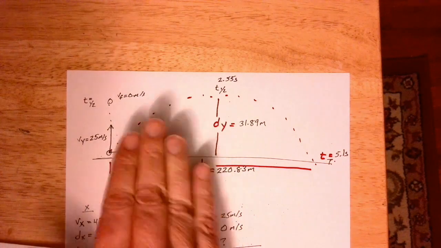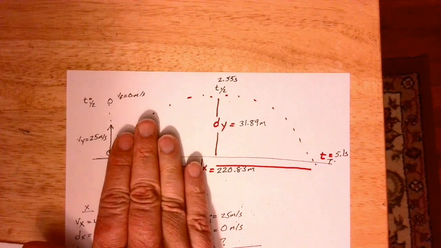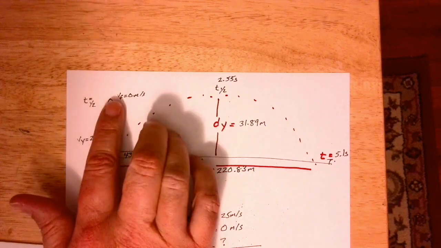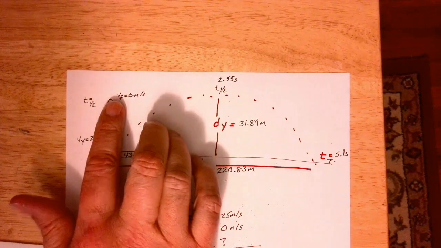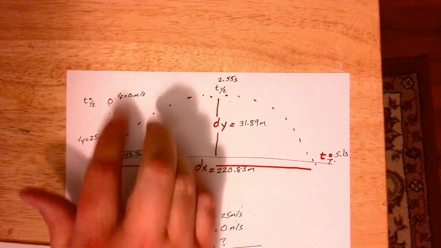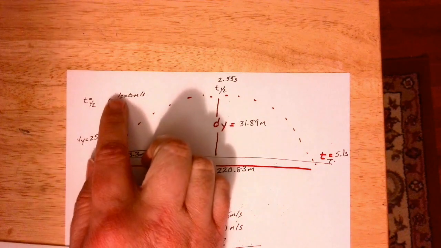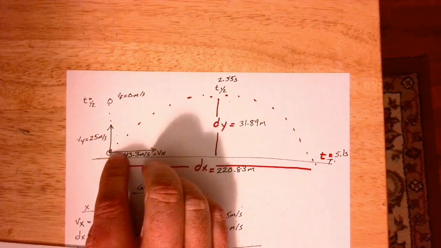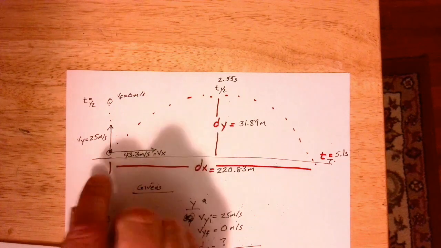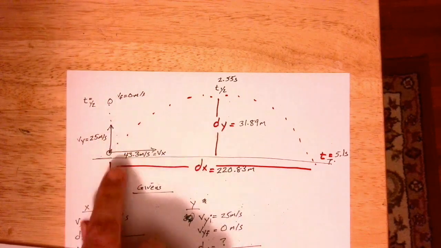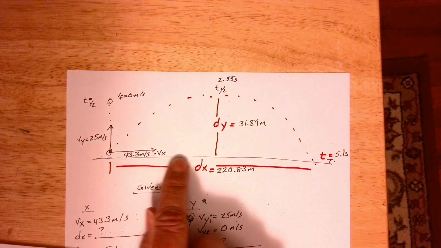So you treat it as though a ball being thrown straight up in the air at 25 meters per second. It goes up, its final velocity becomes 0, it's decelerating as it's going up, so it's negative 9.8. Then it starts accelerating on the way back down. While it's going up and down, it's also traveling horizontally at a constant rate of 43.3.